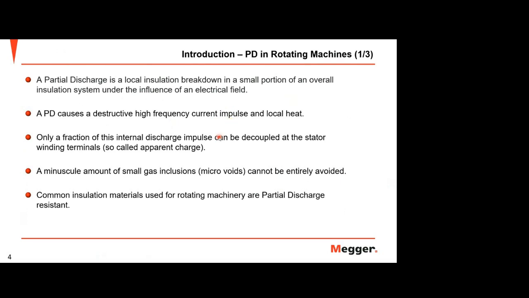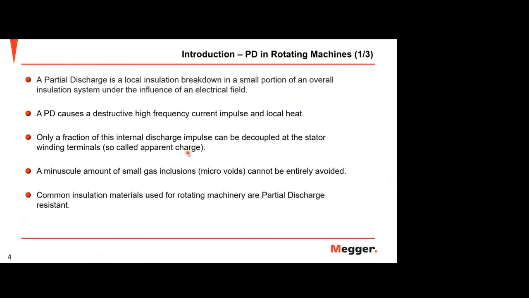Only a fraction of this internal discharge impulse can be decoupled at the stator winding terminal. So we normally call it the apparent charge, as measured by the sensor used for measuring partial discharge on the rotating machine.